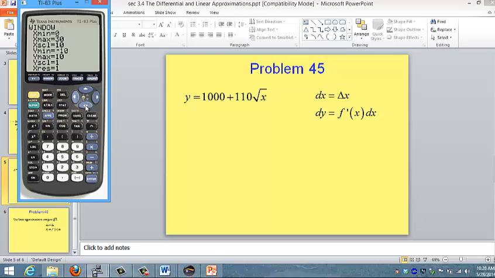Now, what about y min and y max? Well, I'll tell you one thing. Notice what y equals. When you plug in 0, you already have $1,000, right? These are annual insurance costs in dollars. So those are like your fixed costs, right? So I guess I'll put 0, but we're working in thousands here.